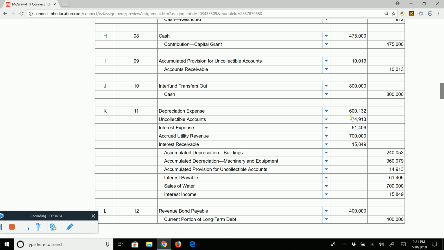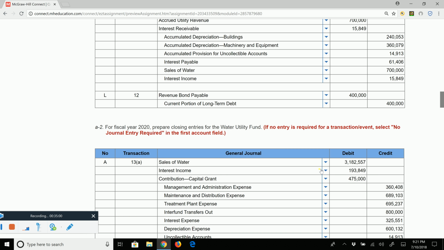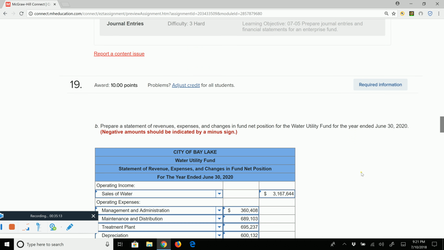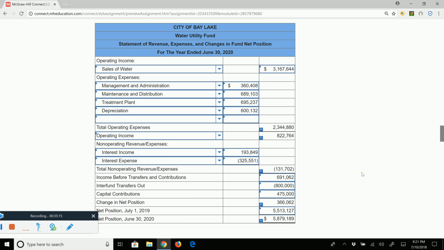And then your $600,000 in depreciation expense reduces your net investment in capital assets. All told, your net investment in capital assets increases a net of $383,293.